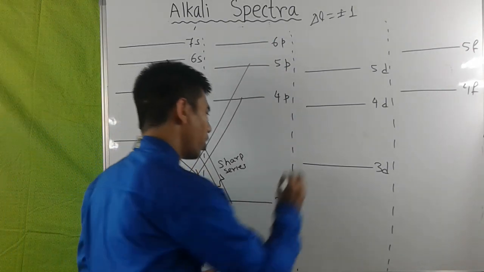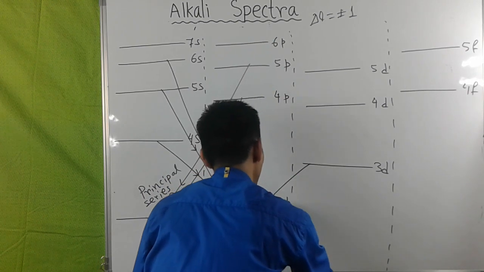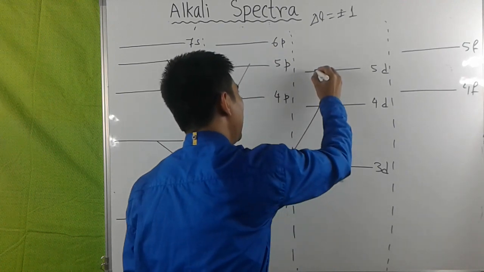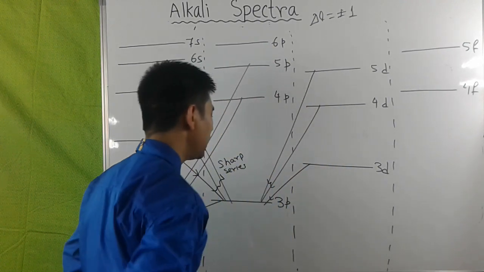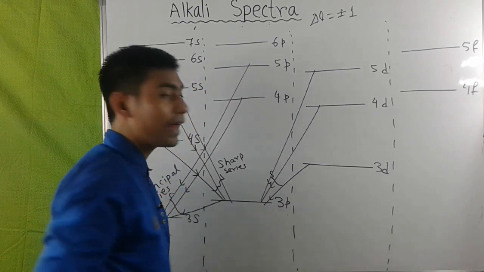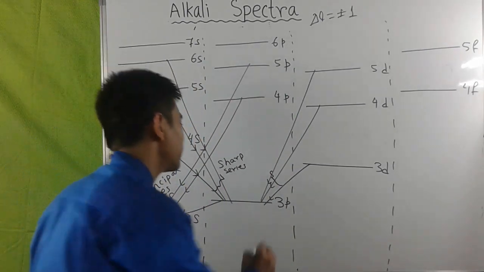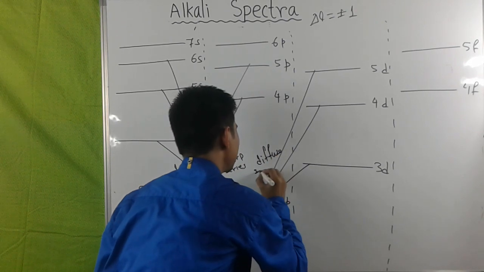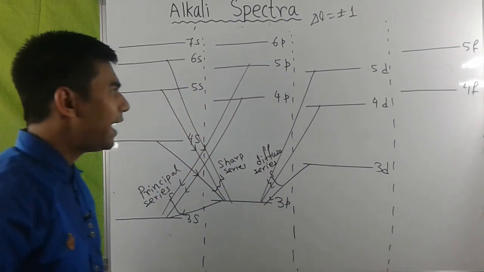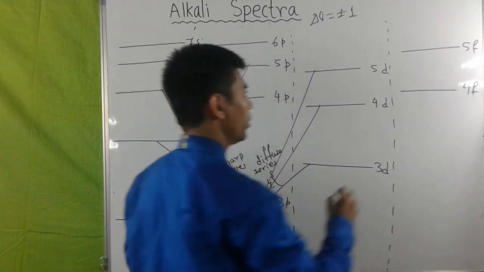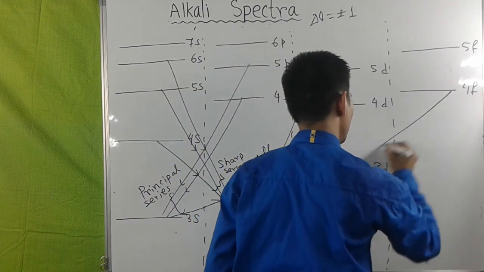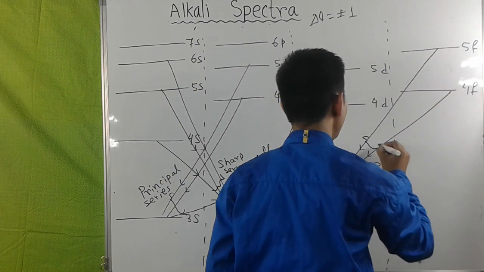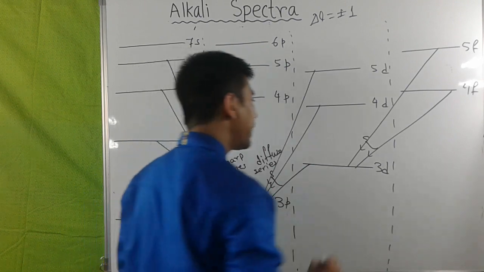Now the transition from the 3d level to the 3p level, the 4d level to the 3p level, and the 5d level to the 3p level give rise to the lines of the diffuse series. So this is the diffuse series, and the transition from the 4f level to the 3d level and the 5f level to the 3d level give rise to the lines of the fundamental series.